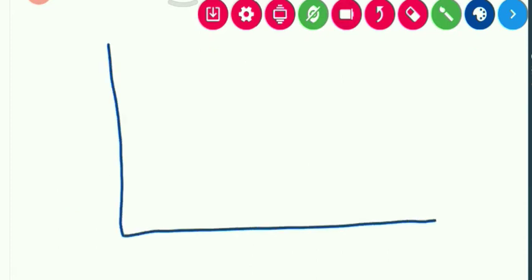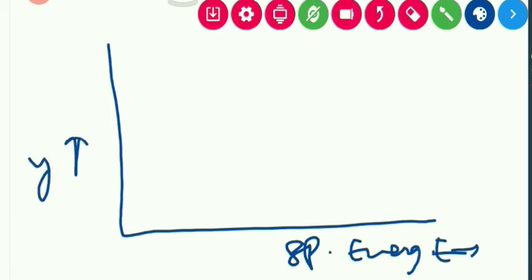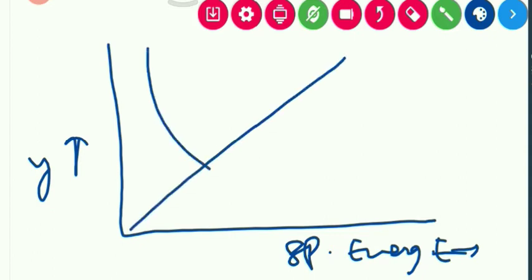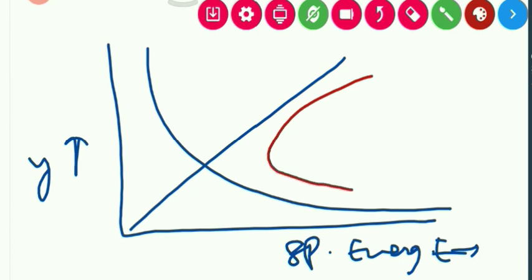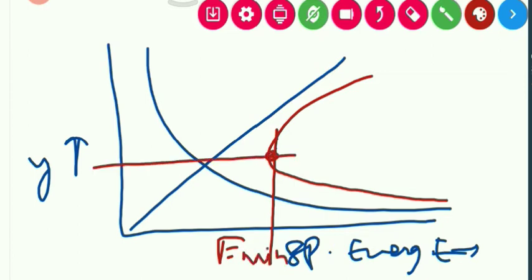The graph is clear. We denote specific energy by E, and here we represent y, which is the depth of the flow. The graph comes out like this. Here we have some value of minimum specific energy, and for this minimum specific energy we have a critical depth denoted by yc.